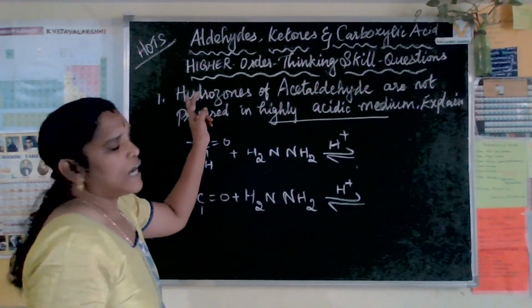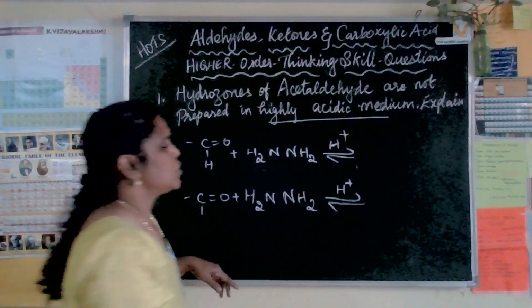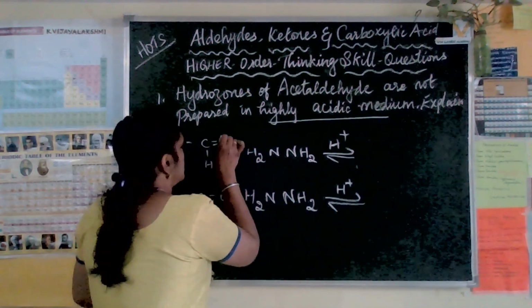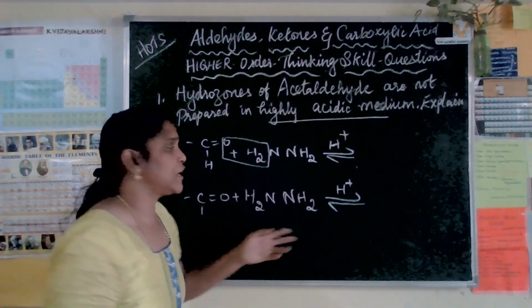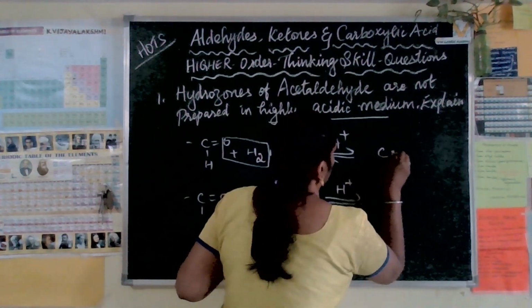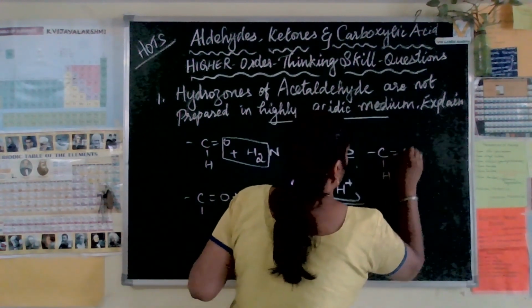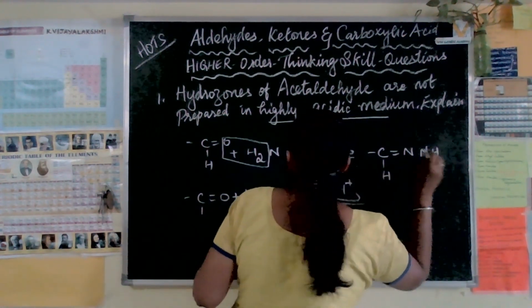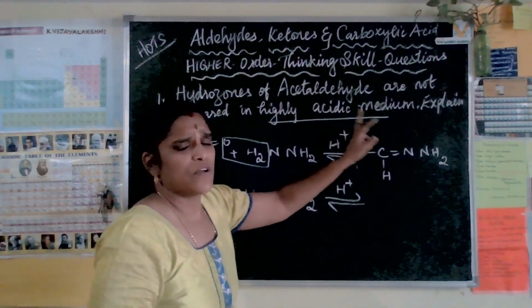You get the aldehyde hydrazone. Here there is elimination of water, so with removal of water you get C double bond N, NH2, with H on the carbon. So this is the hydrazone of the aldehyde.